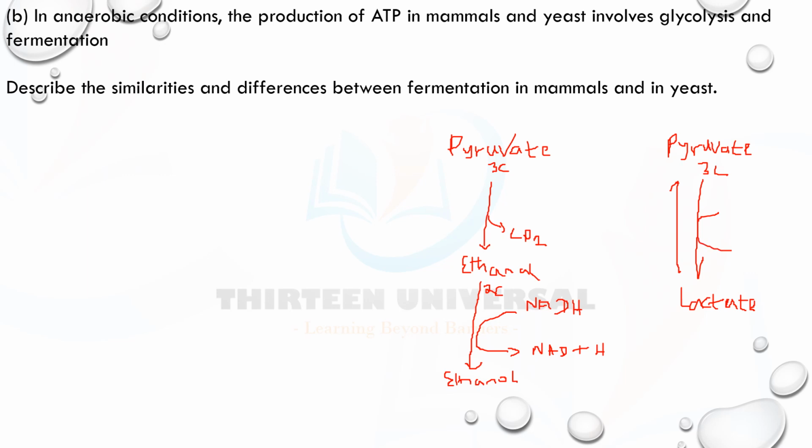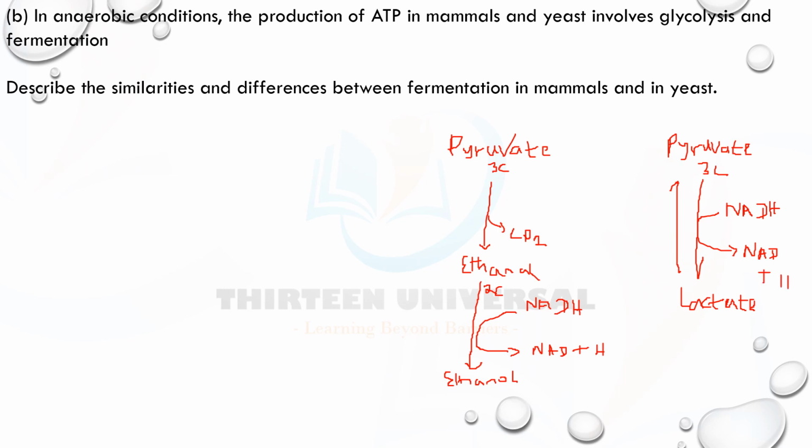Now both of them have a 3-carbon compound. Of course, here we're also adding hydrogen donated by NADH so that NAD can be regenerated. You remember? We need to generate NAD so that glycolysis can continue. So NAD is gotten back. Hydrogen is donated to pyruvate, so pyruvate is reduced to form lactate.